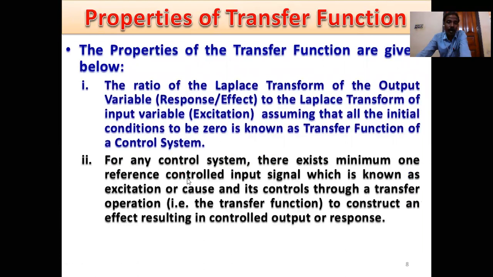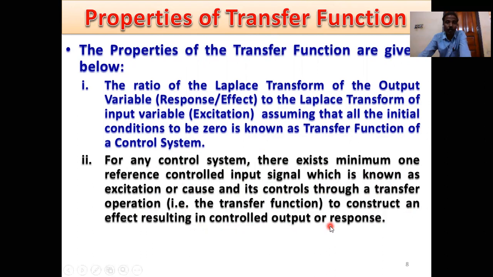Property number two: for any control system, there exists a minimum of one reference control input signal, known as excitation or cause, which is controlled through a transfer operation, that is the transfer function, to produce an effect resulting in controlled output or response.